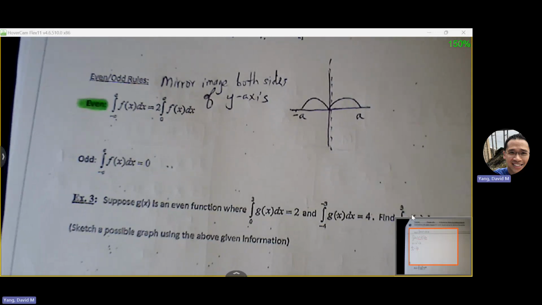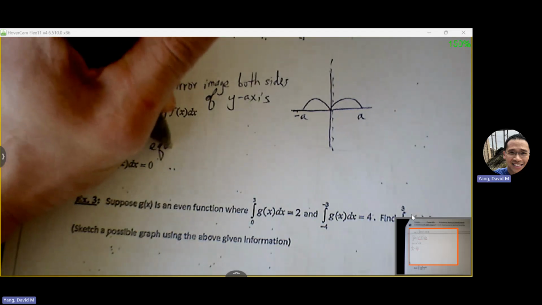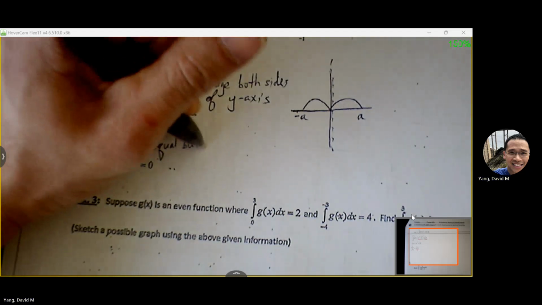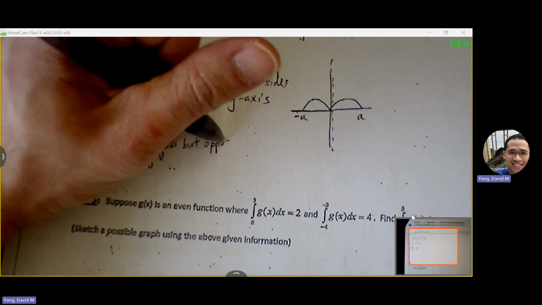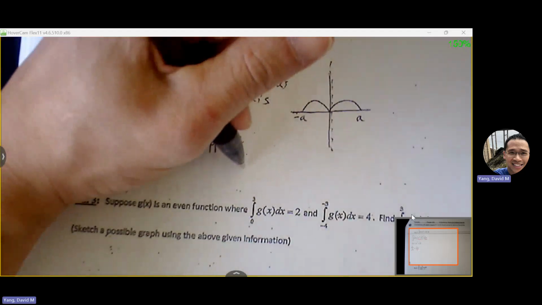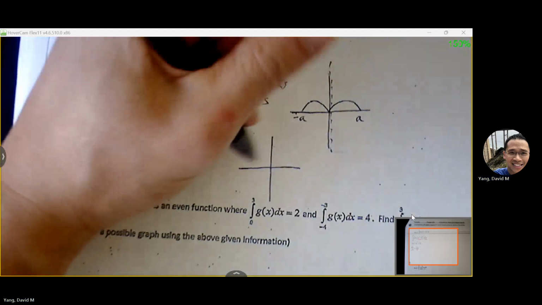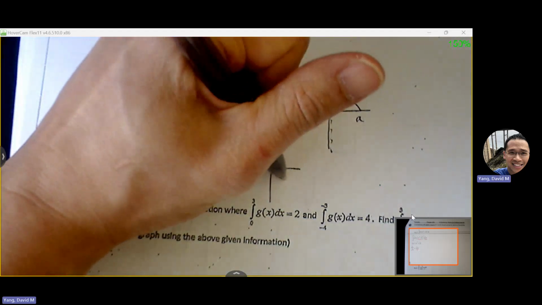So whatever you create on one side of the y-axis, you can create the exact same graph on the other side if it's an even function. Okay. If it's an odd function, you're going to get equal but opposite on both sides of the y-axis. So here's an example of an odd function. A graph that may look like this.